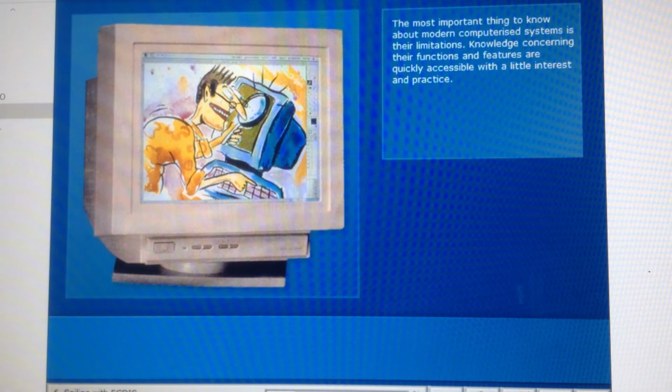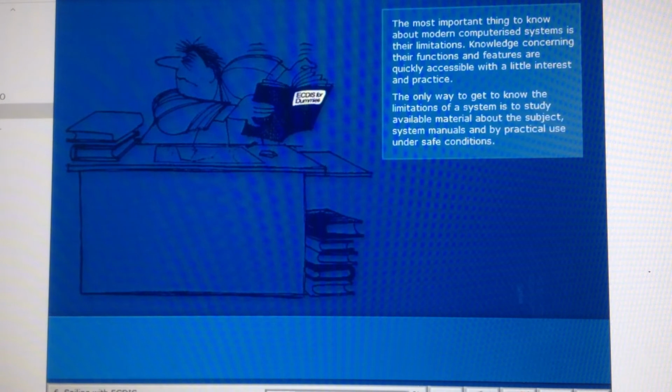The most important thing to know about modern computerized systems is their limitations. Knowledge concerning their functions and features is quickly accessible with a little interest in practice. The only way to get to know the limitations of a system is to study available material about the subject, system manuals, and by practical use under safe conditions.